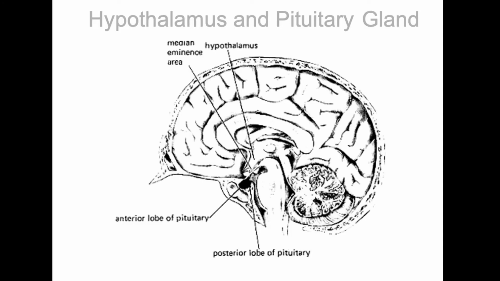So in this picture here, you can see here is the thalamus, and then below the thalamus would be the hypothalamus, and then sitting below the hypothalamus, you have the anterior and posterior pituitary.